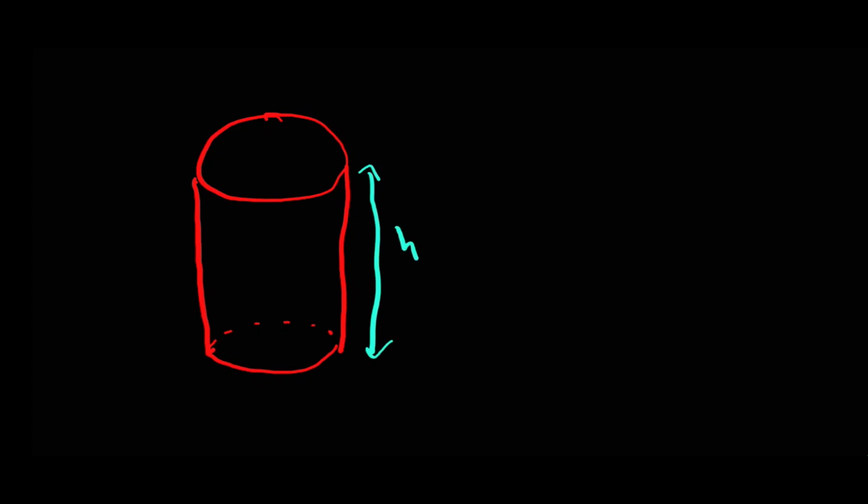Now I'll just quickly draw a diagram of the situation, even though it's not really 100% necessary, but just to help us visualize it. So it's a cylinder, like this, with a height h and radius r.